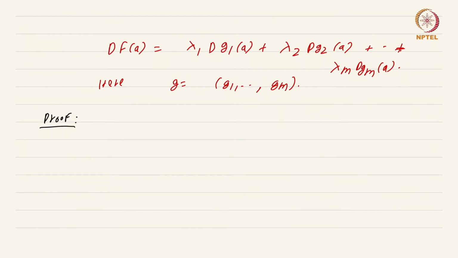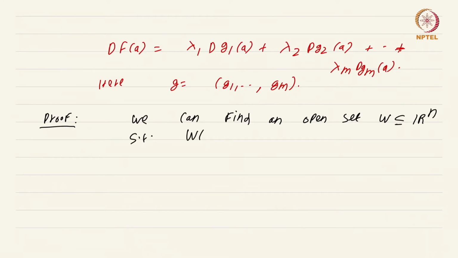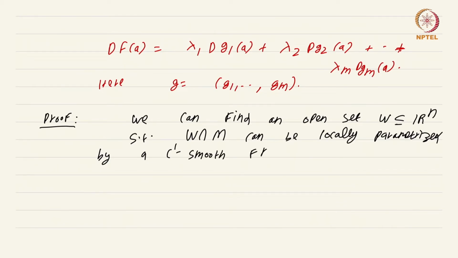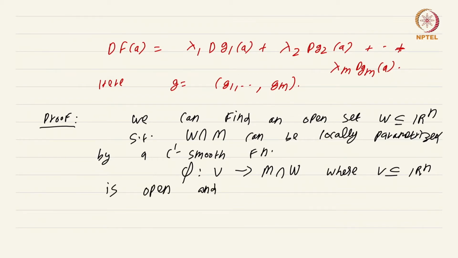The condition of full rankness is going to tell us that we can find an open set W in R^n such that W intersect M, so locally near this point a, M is a manifold, can be locally parameterized by a C1 smooth function which I call phi, defined from V to M intersection W, where V subset of R^n is open and phi satisfies.